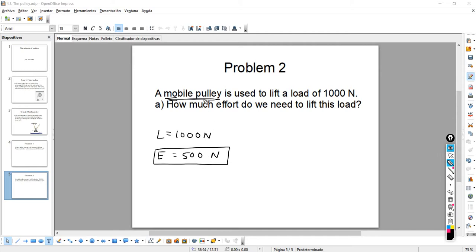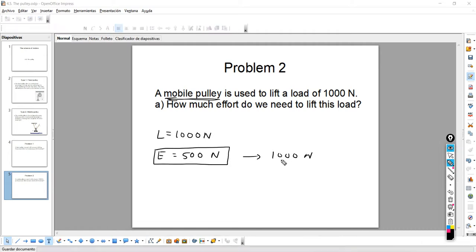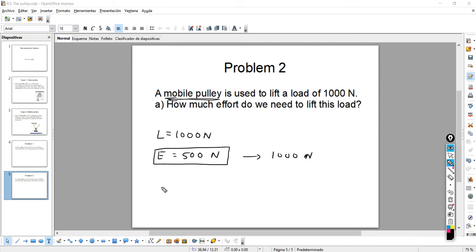Because the mobile pulley will amplify your effort force by 2, therefore it's going to convert it to 1000 newtons, and with that you're going to be able to lift this load. As you can see, there is no need to write any equation or draw the mobile pulley. Any problem involving the fixed pulley and the mobile pulley in this course is extremely simple to solve. It's just a little reasoning, period.